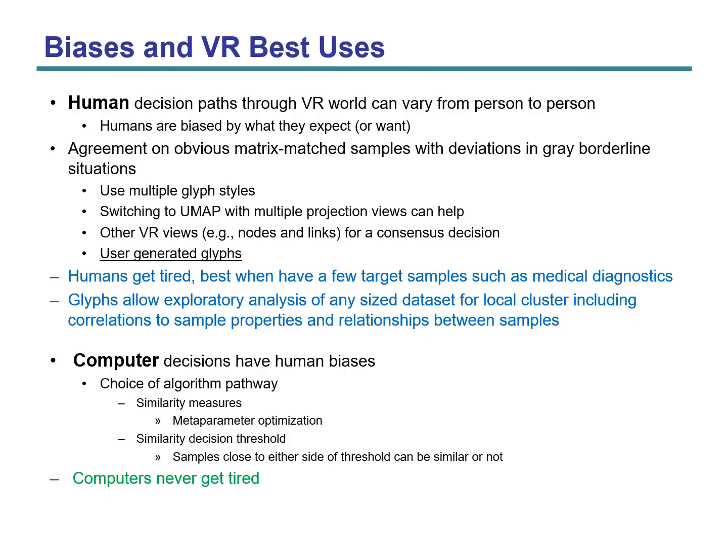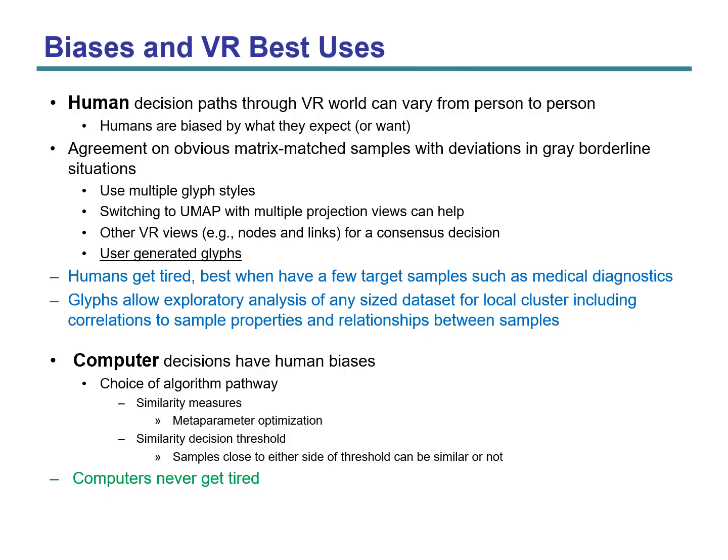We think computers have biases as well. That's because the user usually has to select some kind of algorithm pathway or pipeline, and there's metaparameter optimization, which are based off user inputted thresholds. And so these thresholds and pipeline choices are all incorporating human biases into the computer algorithm.